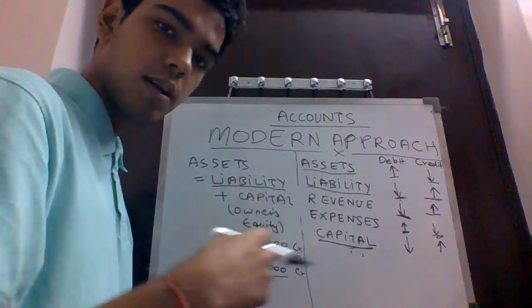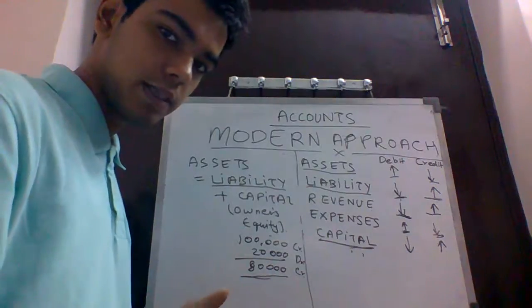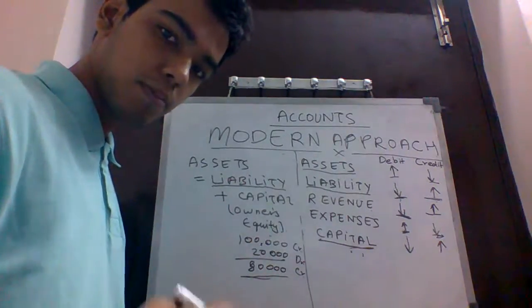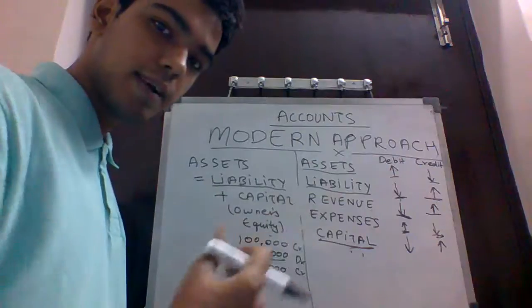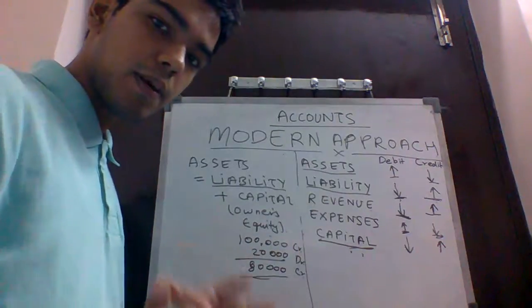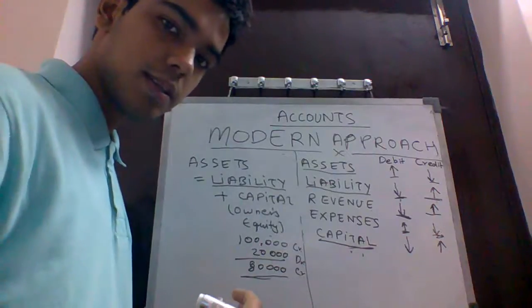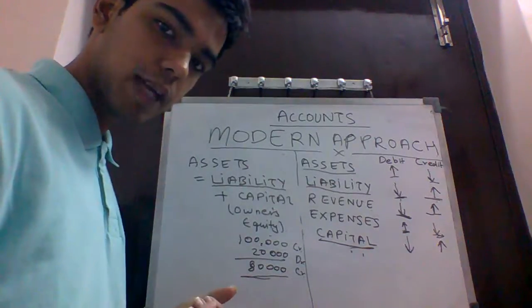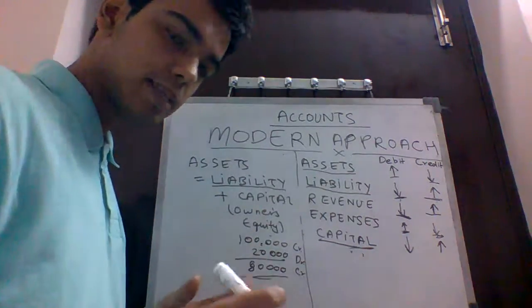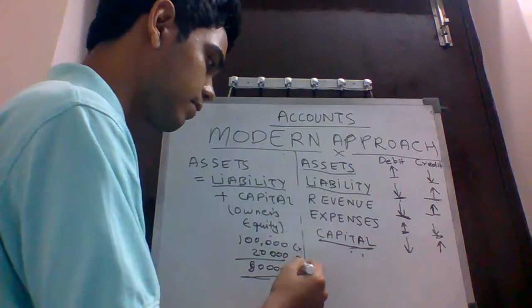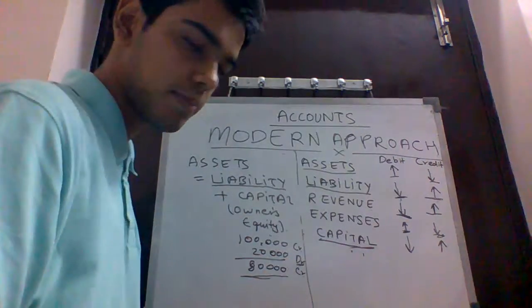That is, it will add more to the capital. Decrease in expense will add to the capital, and increase in expense will deduct more from the capital. So in order to cancel the capital balance, we'll have in debit balance of expense.